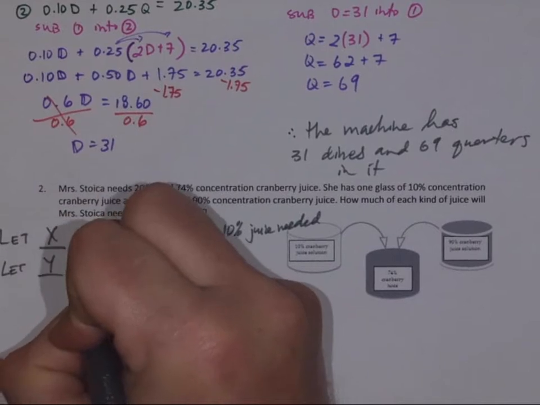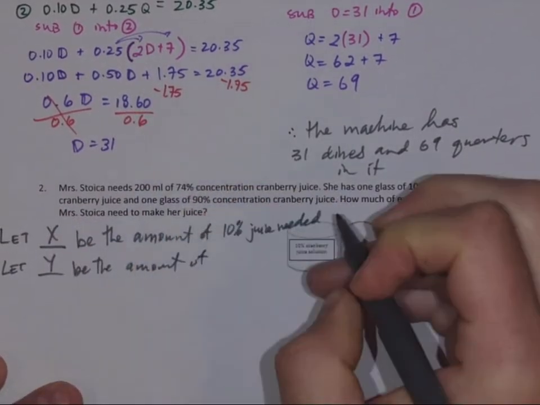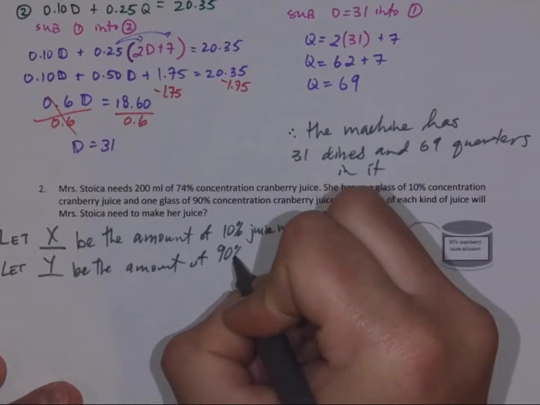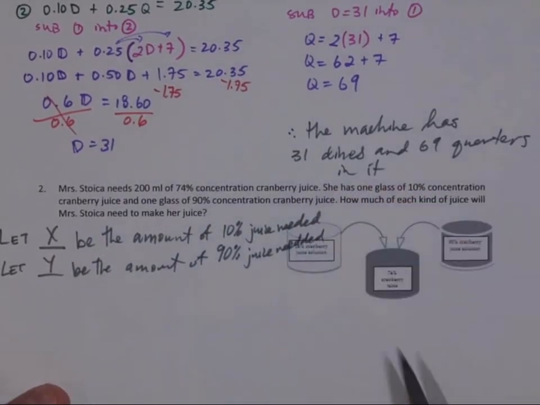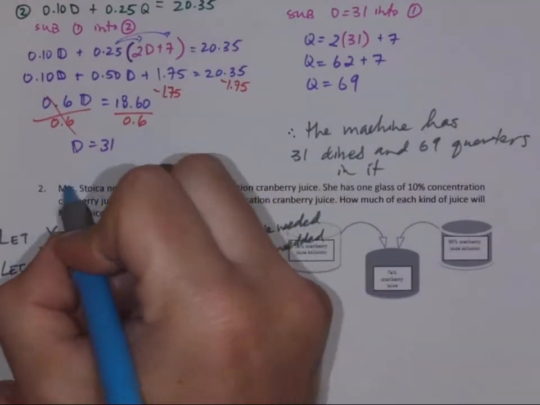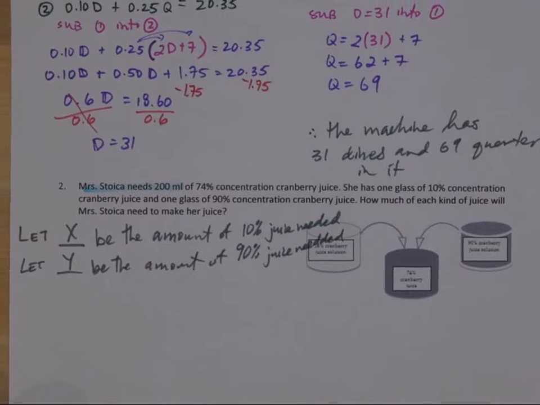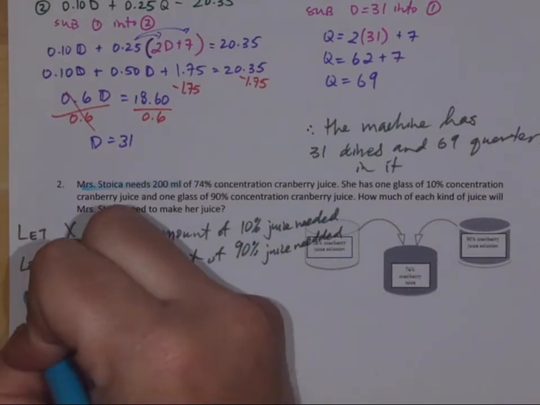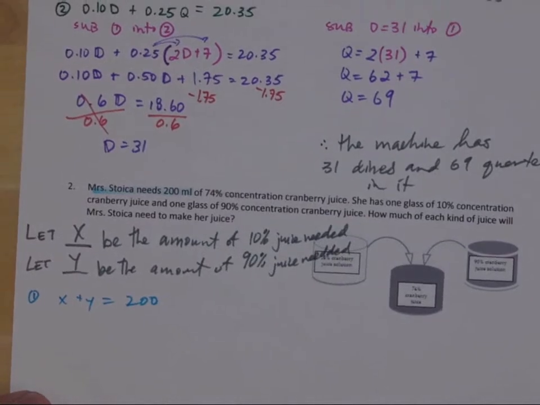Let Y be the amount of 90% juice needed. So again, we have a total of 200 milliliters. So first equation, X plus Y equals 200 milliliters.